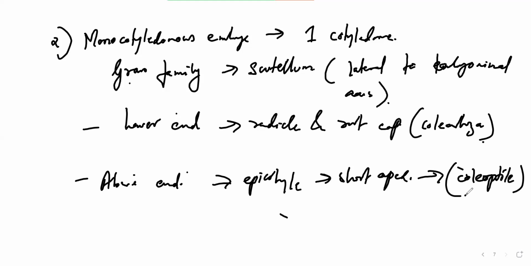That is your leaf primordia. Any leaf in its beginning will be curled, and that small thing is the leaf primordia, enclosed in the coleoptile. So you have that structural differentiation between the dicotyledonous embryo and the monocotyledonous embryo.